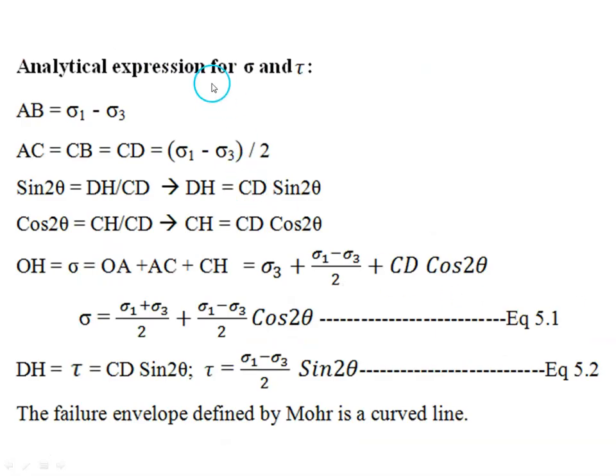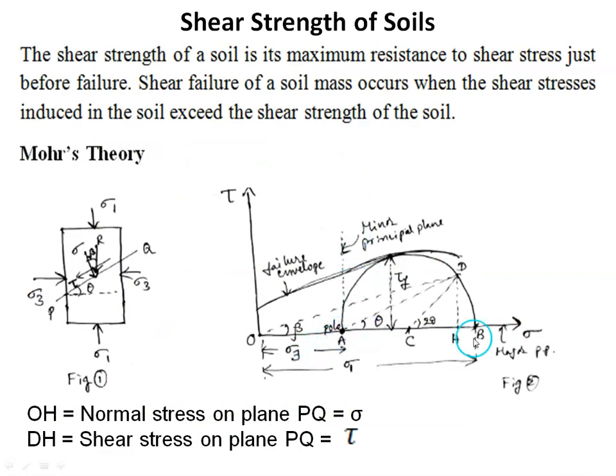We can also find this normal stress and shear stress using some analytical expressions. So from the Mohr circle diagram, we know that AB, that is the diameter of the Mohr circle, is equal to sigma 1 minus sigma 3.